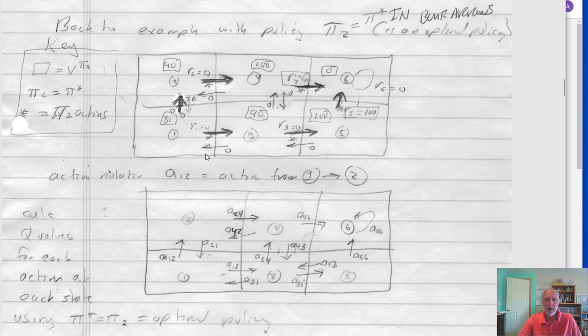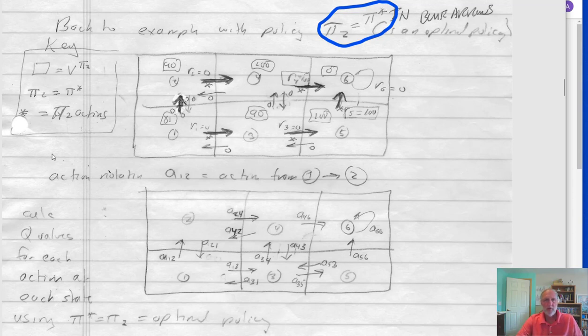All right, so we're going to go back to our example, the grid world that we had before, and we're going to evaluate the Q function for one of the policies that we used last time, pi 2, that was optimal.